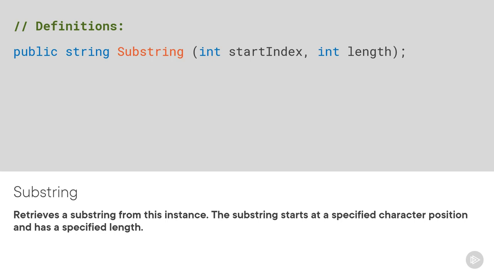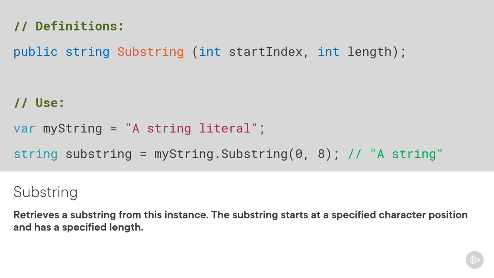One overload accepts the start index of the position to begin extracting the substring from, and a length for the number of characters to include in the extracted string. In this example, we extract a substring starting at index 0, so the beginning of the string, for a length of 8 characters. This returns a new string instance containing the extracted substring.